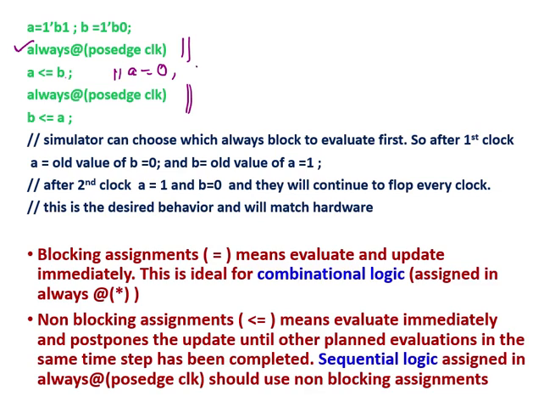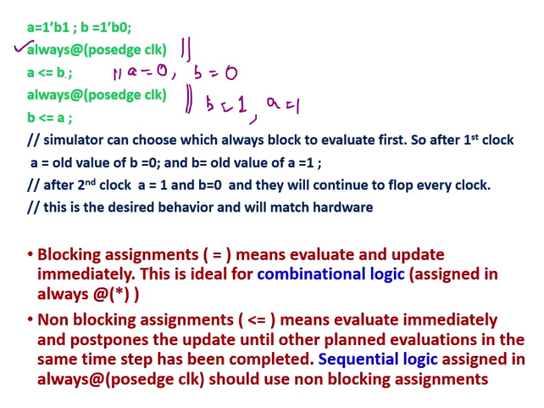And what will b get? b will get the old value of a, and the old value of a is 1, because initially a equal to 1. So this way it will work.